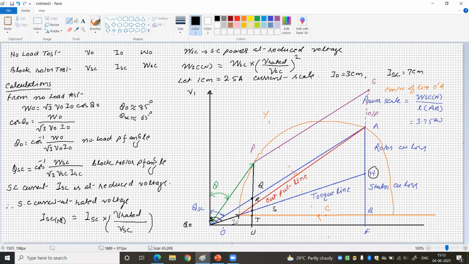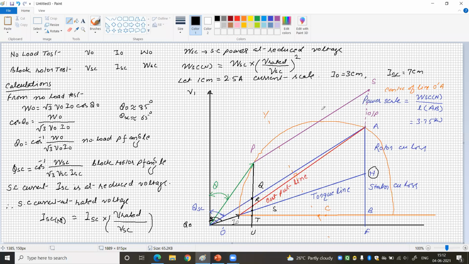Somewhere it will cut the half circle. Say this point is P. So this P is the operating point. Now if you join the origin to P, this length is the full load current. Okay, so we will do the calculation one by one. First of all, we will try to draw the circle diagram.